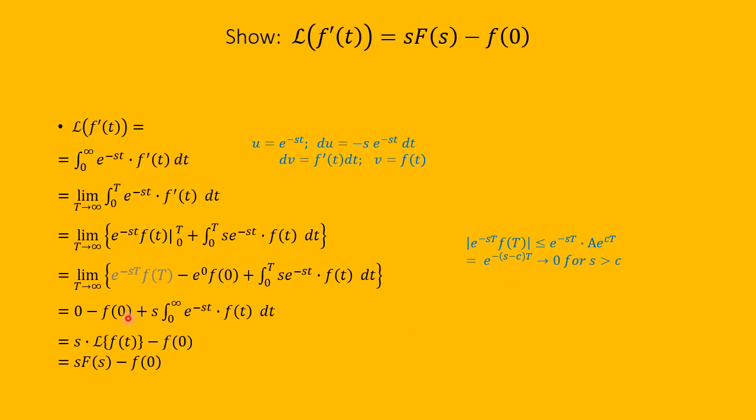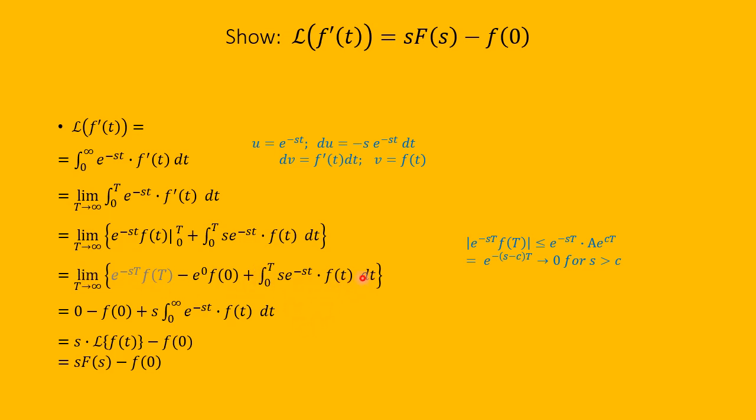And so what we're left with is what? The limit of this first term is 0. We're left with this term, e to the 0 is 1, times f of 0 is just f of 0. And we're also left with the limit of this integral from 0 to T. And if we look at that carefully, we'll notice once we pull out this factor of s, the rest of this is just a Laplace transform.